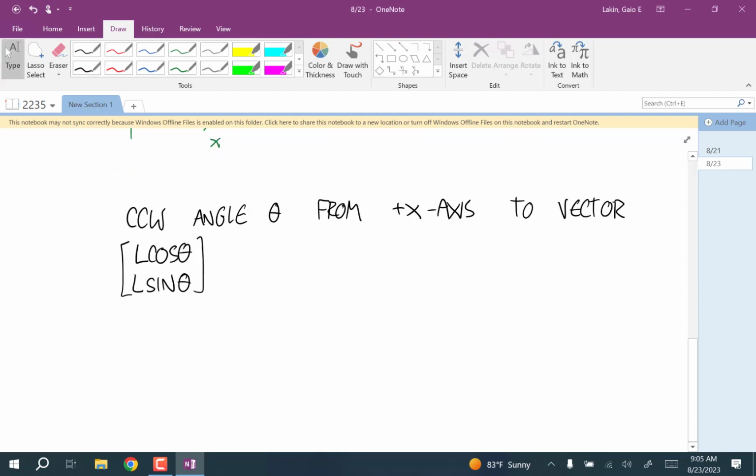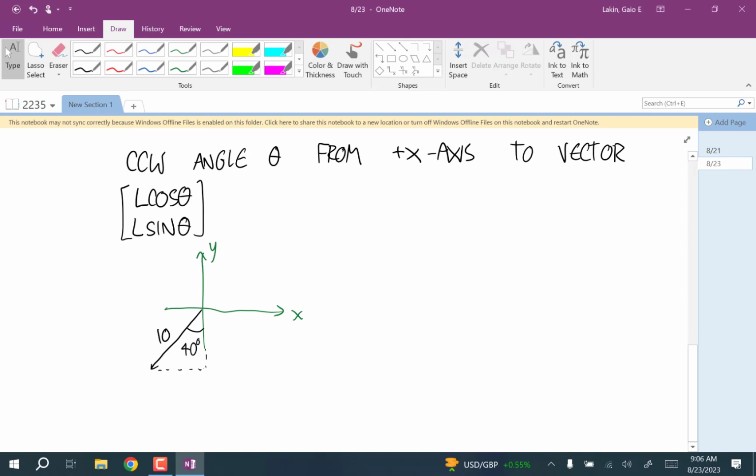So I know you're probably used to thinking, what are the components of this vector if this is the coordinate system? You're used to thinking of this probably as a right triangle. Well, let's say the length of this vector is 10. Okay, and then you do trigonometry to get the legs of that triangle, and that works fine.